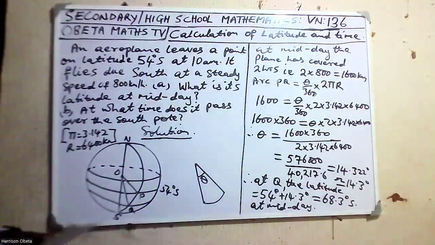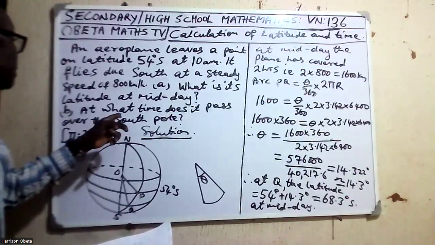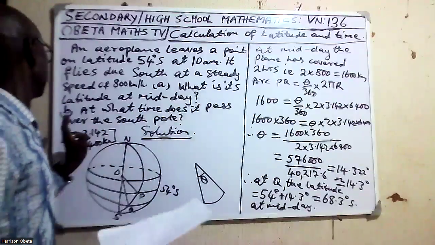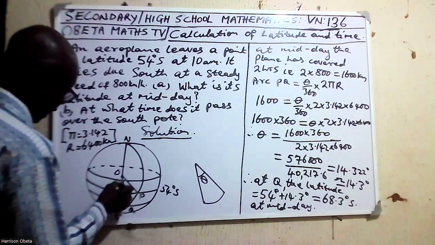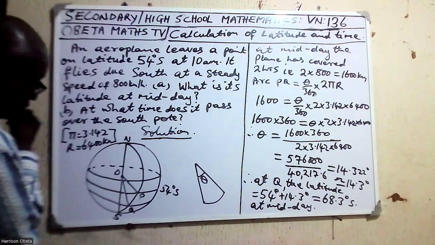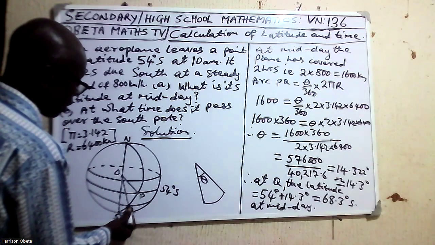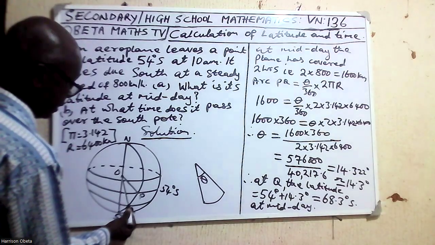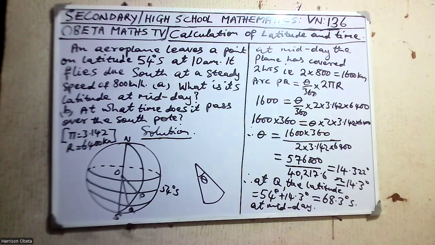Okay. So the next question we are told to find is, at what time does it pass over the South Pole? Yes, we know that at Q it is 68.3, and at the South Pole we have 90 degrees.